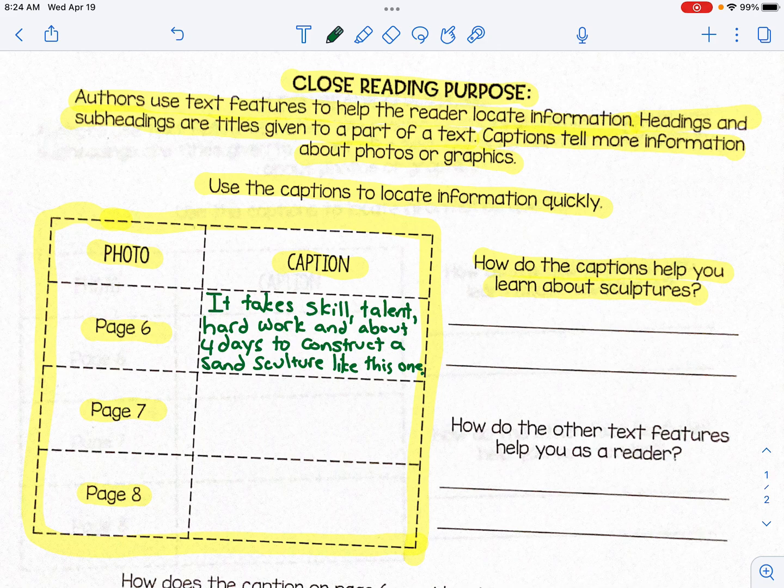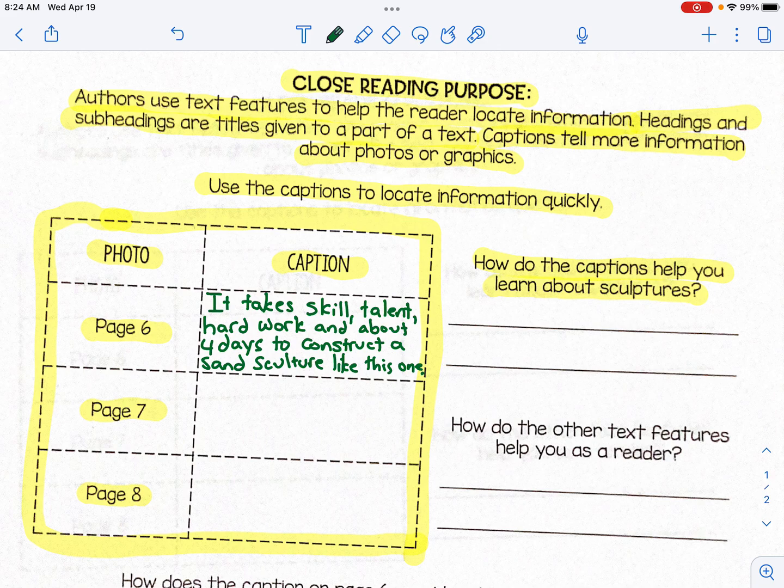But when we read the caption above it, it tells us that it takes skill, talent, hard work, and about 4 days to construct a sand sculpture like this one. So the caption tells us more about what we're looking at and gives us more information about it. And we learn that it definitely takes skill, talent, and hard work. That we probably figured out for ourselves, right? But we didn't know that it took about 4 days to construct.